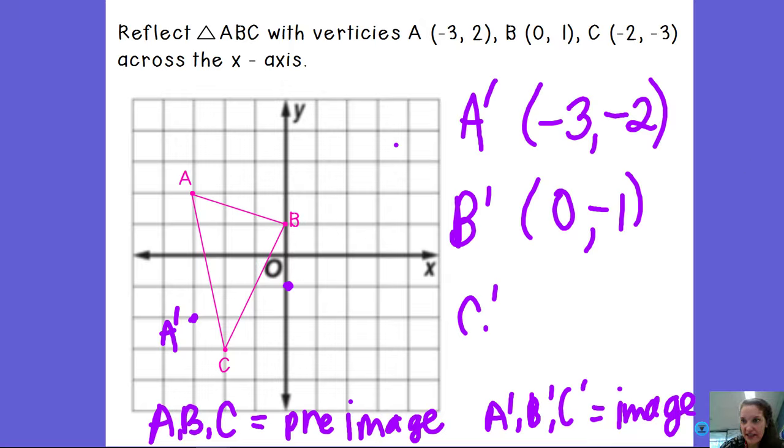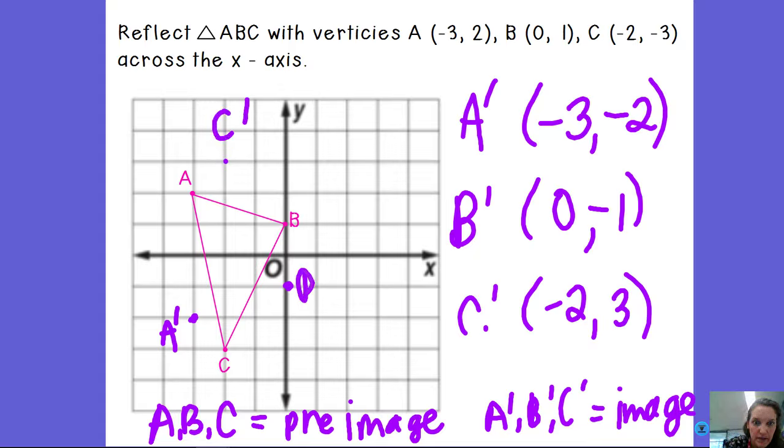And then C prime is going to be at -2, +3. The -3 y coordinate became +3, which is right here. So it's like I just took that triangle and flipped it across that x-axis.